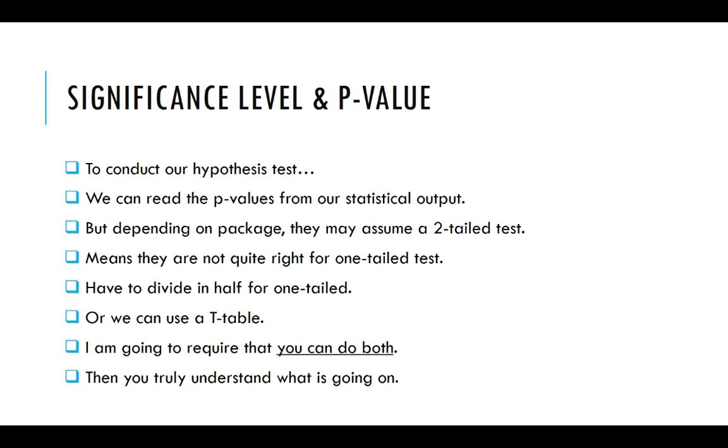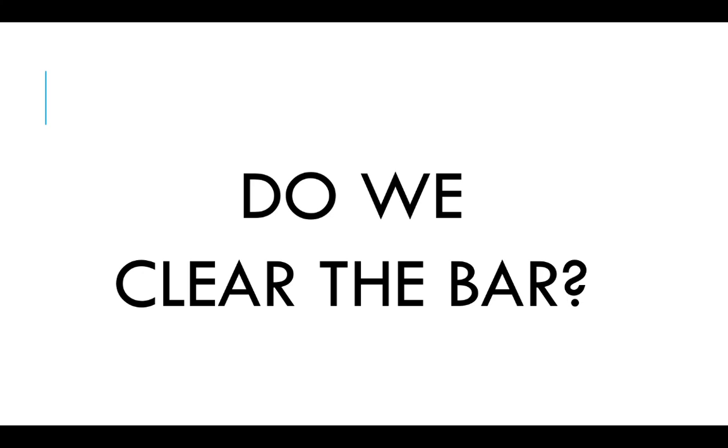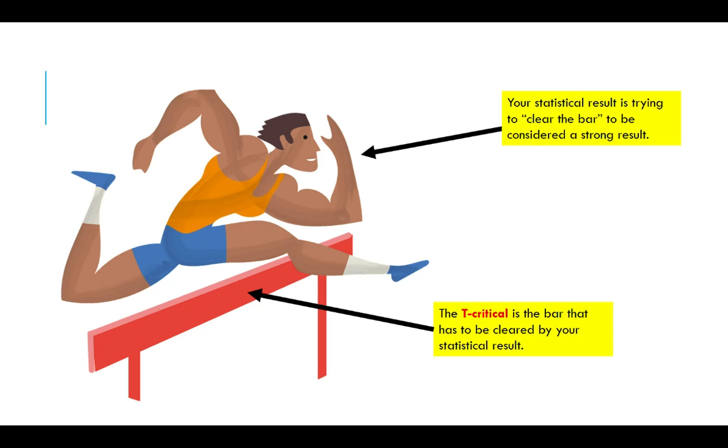All right. So at this point, we understand the components of what we're doing. But now what we have to do is figure out, how do we know if we clear the bar, right? Back to our hurdler. Our statistical results are the hurdler, and he's trying to clear the bar. He wants to be a strong result.